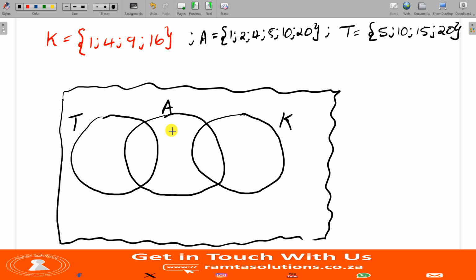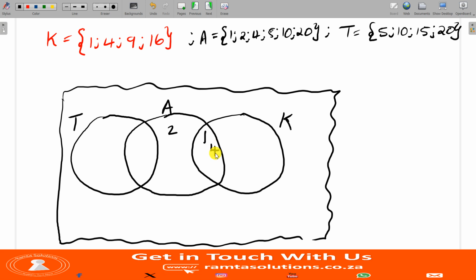So let's begin with Anati. Is 1 common to any other set? Yes, it's common for both Kensani and Anati. So 1 goes here. And then 2, is it common for any other? No. 4, is it common? It's common for Kensani.